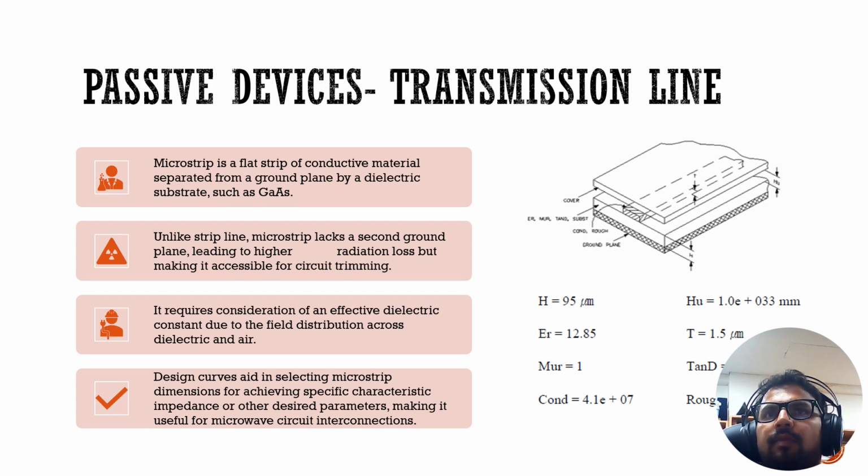Unlike stripline, microstrip lacks a second ground plane, leading to higher radiation loss, though it remains accessible for circuit trimming. It requires consideration of an effective dielectric constant due to the field distribution across the dielectric and air. Design curves aid in selecting microstrip dimensions for achieving specific characteristic impedance or other desired parameters, making it useful for microwave circuit interconnections.